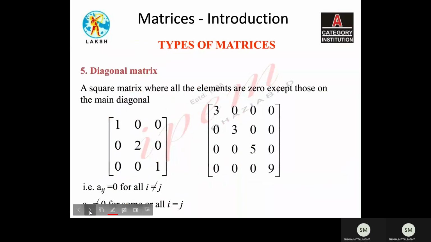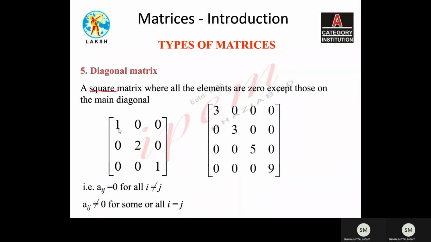Next type is diagonal matrix. In a diagonal matrix, the matrix should be a square, meaning the number of rows is equal to the number of columns, where all the elements are 0 except those on the main diagonal. Now, what is the main diagonal? Main diagonal are the elements where i is equal to j.